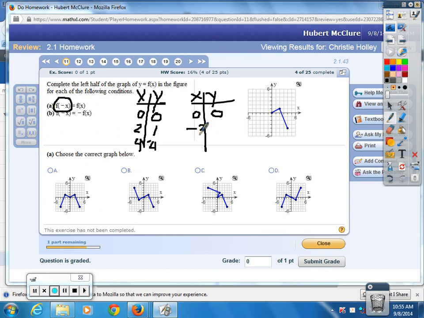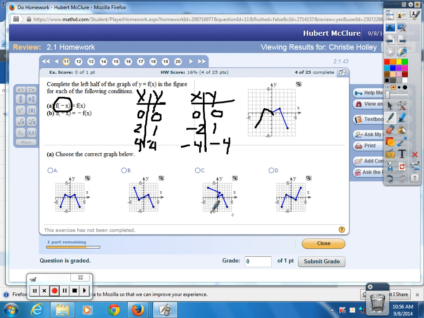Negative 2. And negative 4. So let's plot those. 0, 0. I'll do that one for you. Negative 2, positive 1. And negative 4, negative 4. Dang old M.